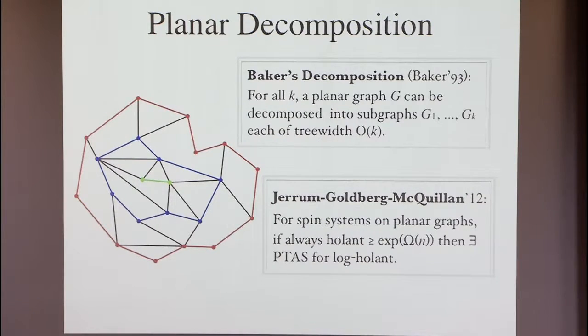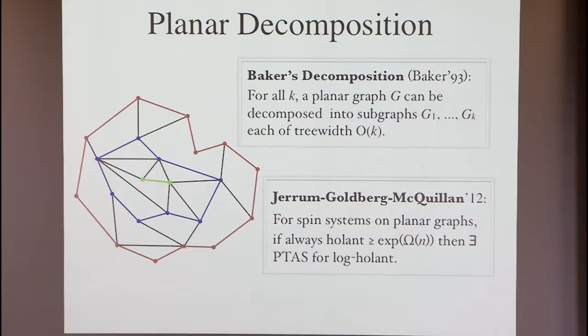For spin systems, it's just the log partition function. It's a very interesting quantity by itself. So it means that the strong hardness result cannot hold anymore on planar graphs.